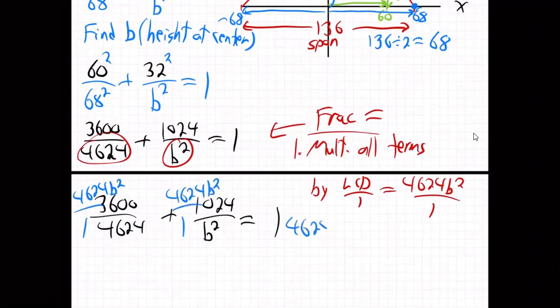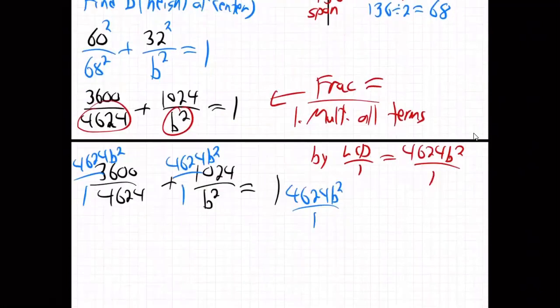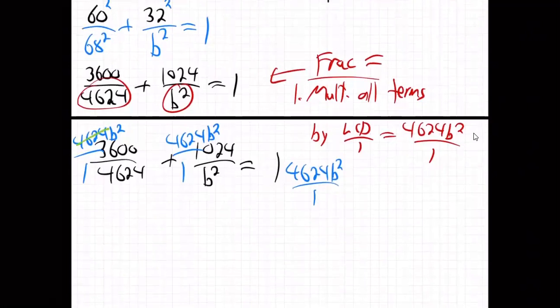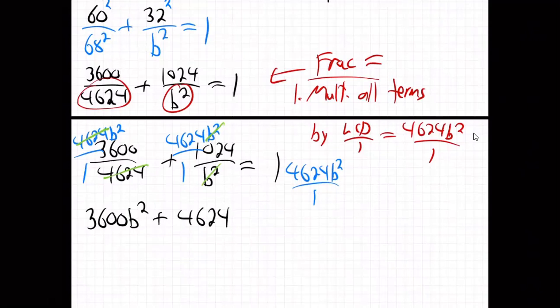Here, 4624b squared over 1. All right, what happens? 4624 cancels out. And b squared cancels out, right? And we get 3,600 b squared plus 4624 times 1,024.